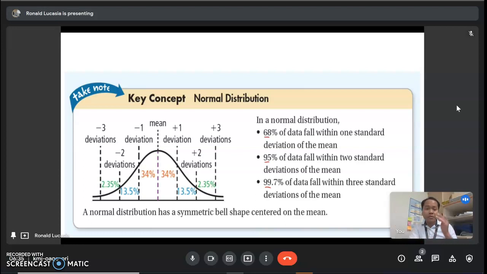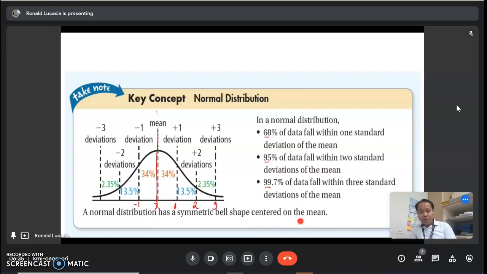In a normal distribution, 68% of the data fall within one standard deviation of the mean. The middle part of the normal distribution is the mean. This is one standard deviation above the mean, two standard deviations above the mean, and three standard deviations above the mean.